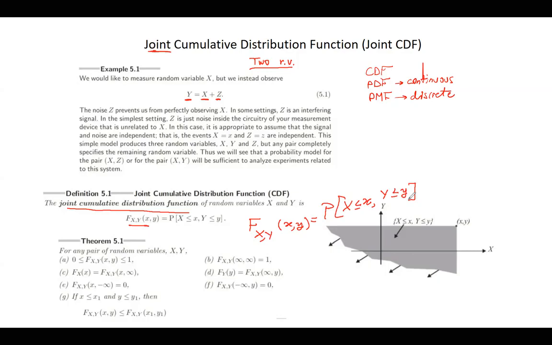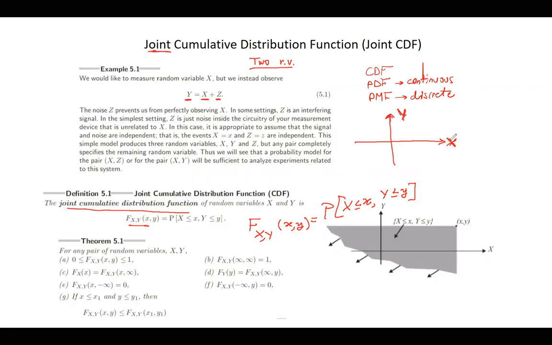Okay? If we plot X and Y, just like a conventional Cartesian coordinate system, we have a range of X on the X-axis, and we have a range of Y over the Y-axis.